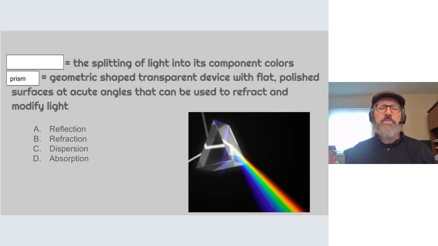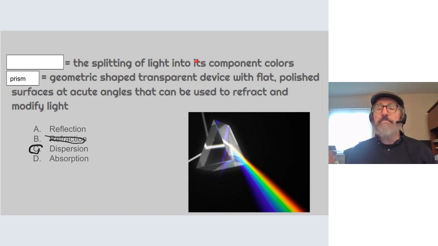Okay, so this one is that one that we're talking about when you're splitting the light into component colors. It's a type of refraction, where you see the color. Yeah, there you go. Excellent. Thank you, Rainey. It is dispersion, right? Dispersion is when you get those colors.